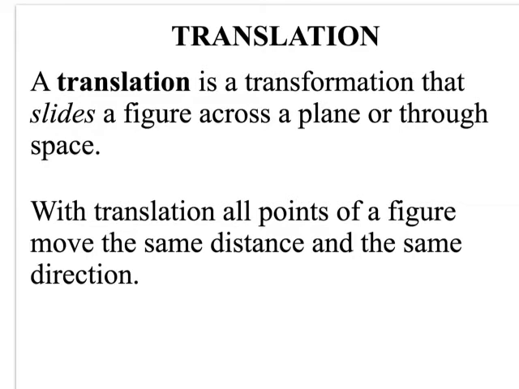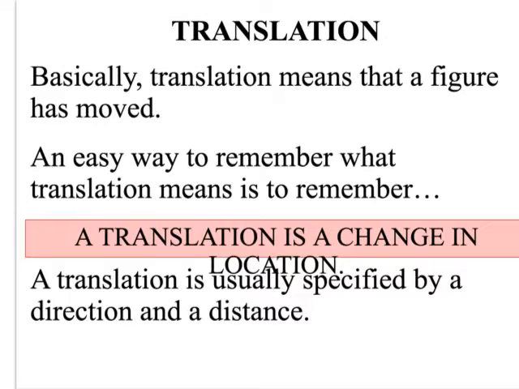A translation is a transformation that slides a figure across a plane or through space. With translation, all points of a figure move the same distance and the same direction. Basically, translation means that a figure has moved. An easy way to remember is that a translation is a change in location.